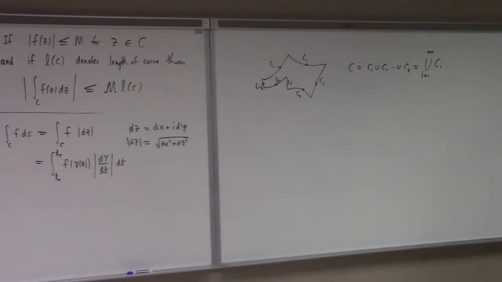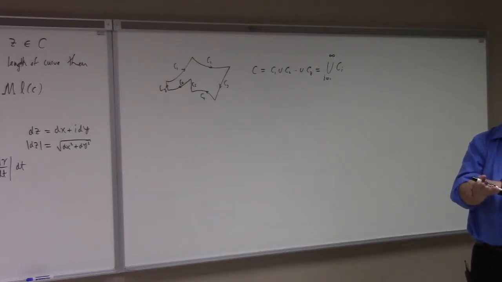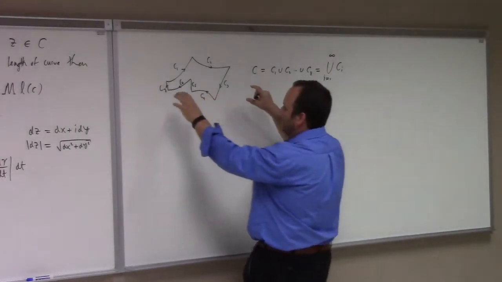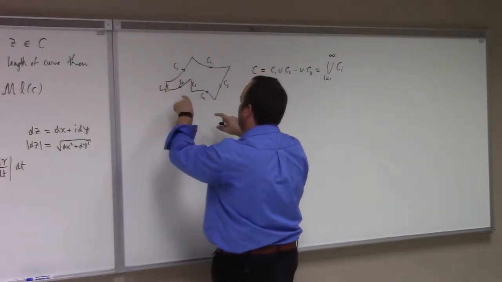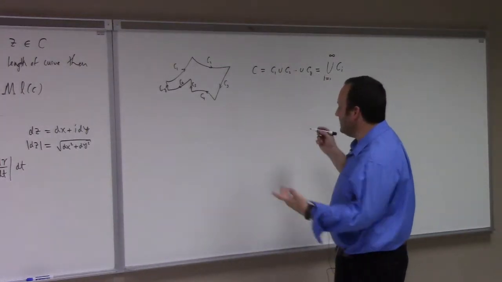Something is lost in the notation, but I'm thinking of these curves as being one after the other. That's important because the integral is sensitive to reversals of curves. If I did these out of order, it actually wouldn't matter as long as I kept the orientation of each one the same. That is true.